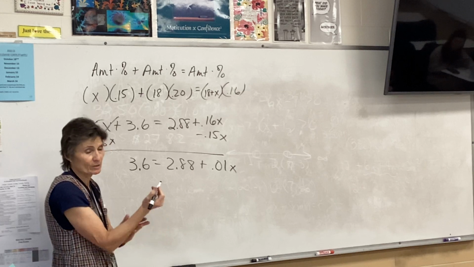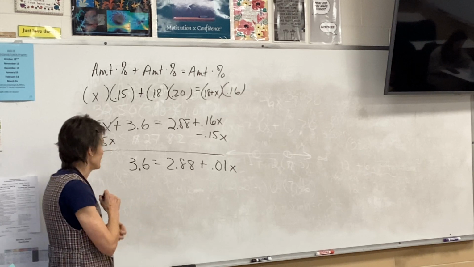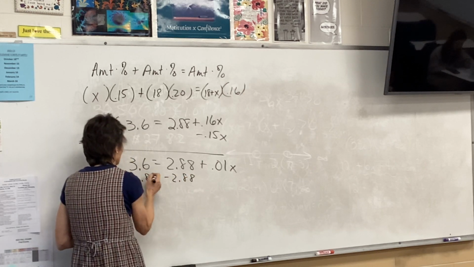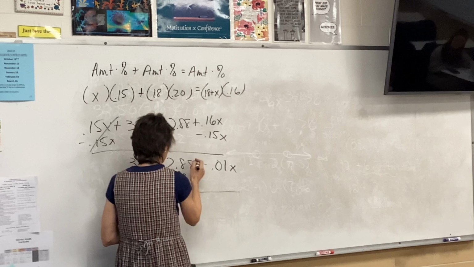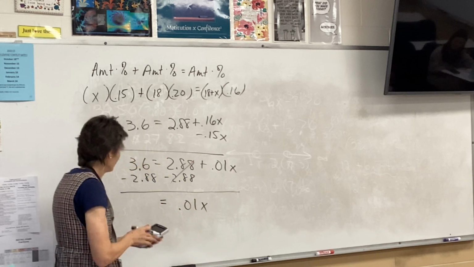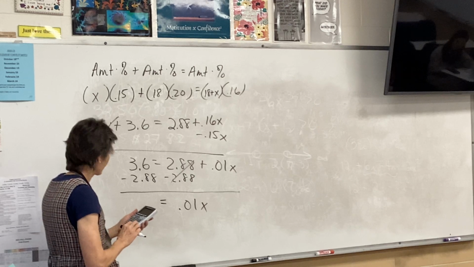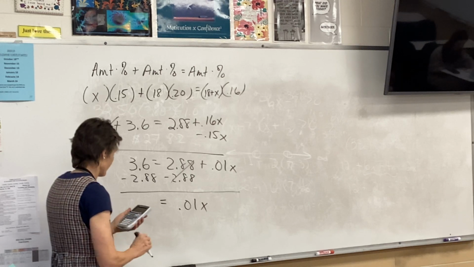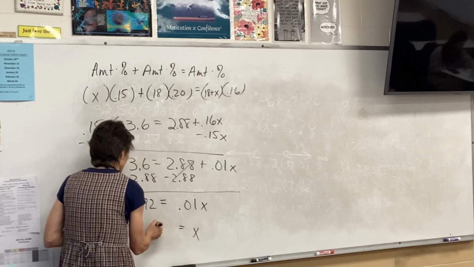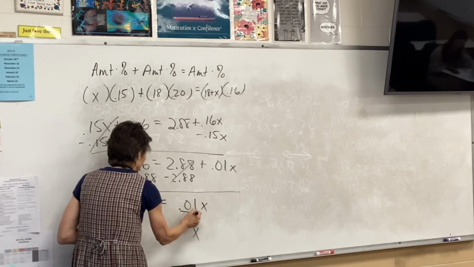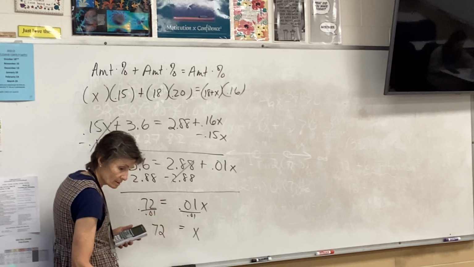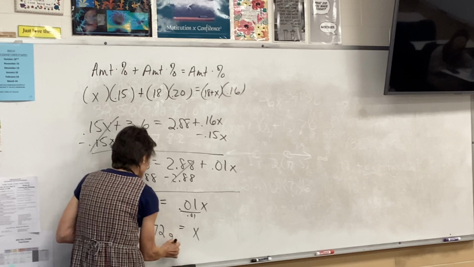Certainly you can do some of this together. So now I'm going to subtract 2.88. And I have a calculator, so I'm letting my calculator help me when I need it to, or want it to. And then I'll divide. So I got 72 gallons.